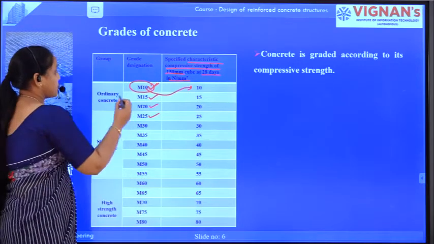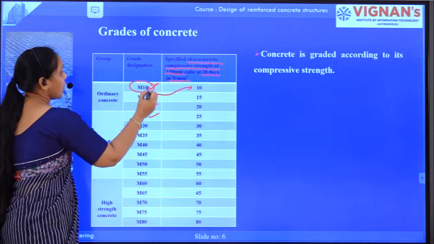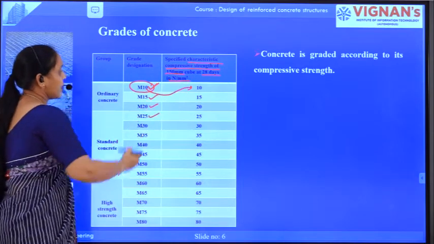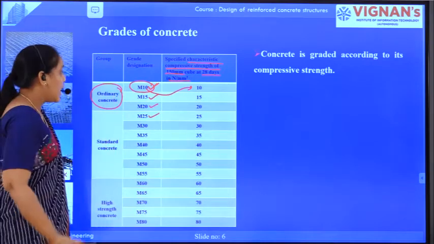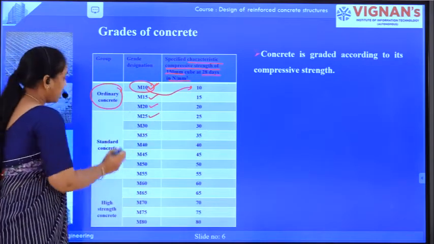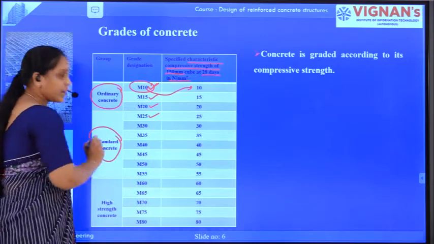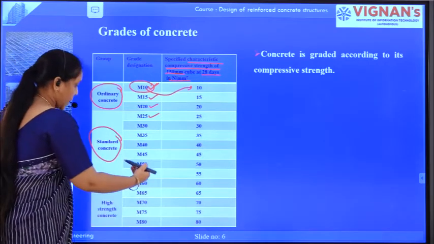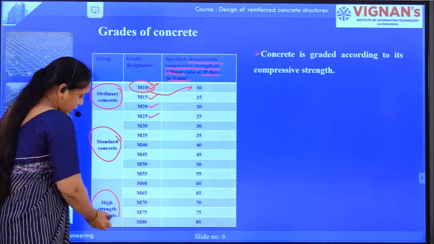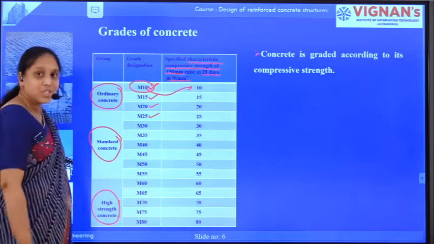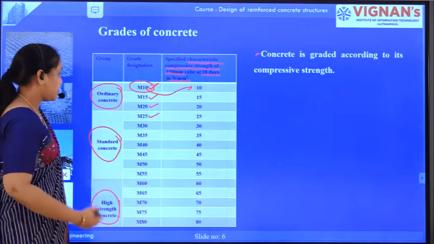Concrete of grade M10, M15, M20 comes under the ordinary concrete group, above M20 comes under the standard concrete group, and M60 and above comes under the high strength concrete group.